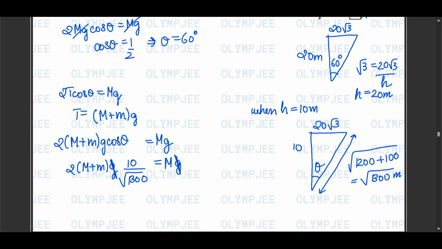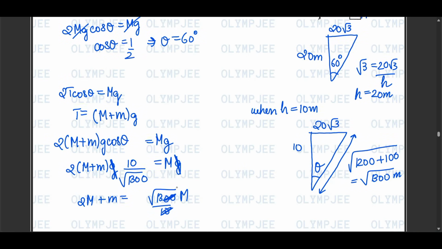Okay, so now it will be 2m plus 2M is equal to root 1300 by 10 M. So this 100 inside the root can be taken out and it will become 10. So this will get cancelled with this.